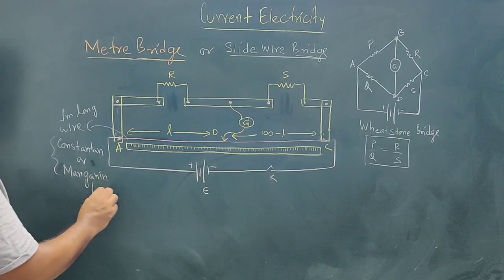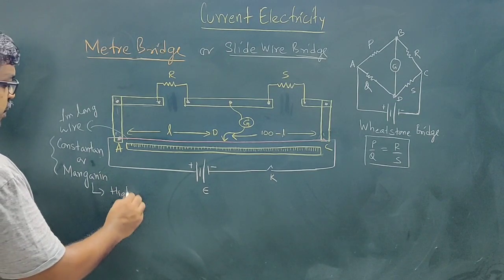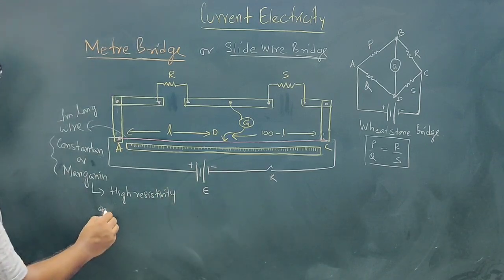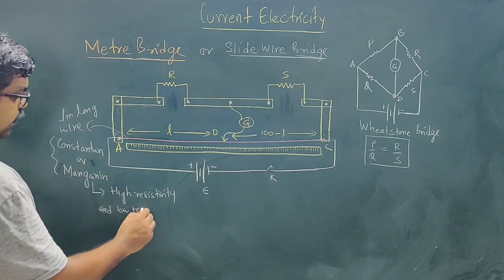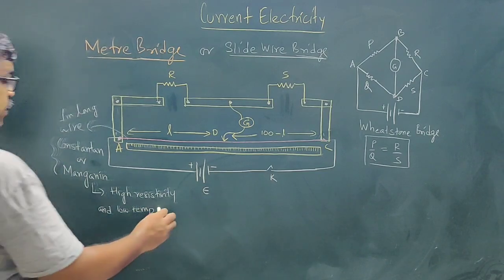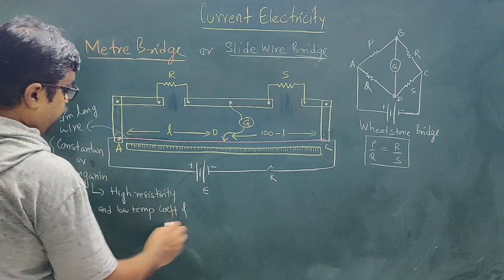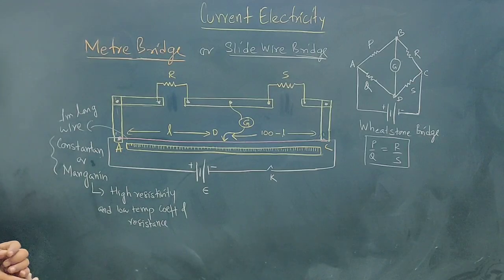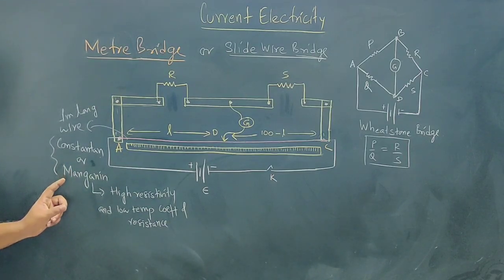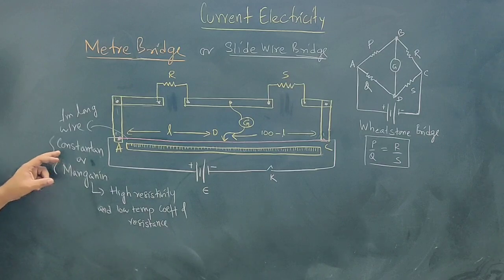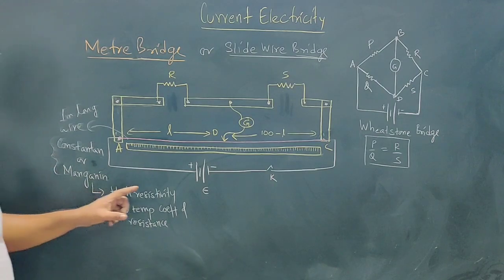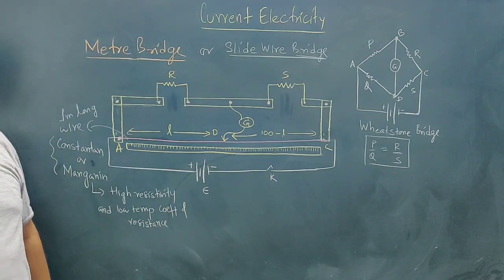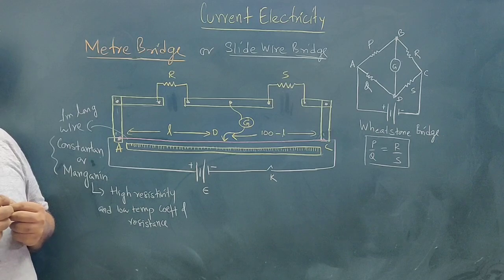Because these materials have very high resistivity and low temperature coefficient of resistance. We have learned about this property of constantan and manganin, that these alloys have high resistivity and low temperature coefficient of resistance. That is why they are used for making these resistor wires.